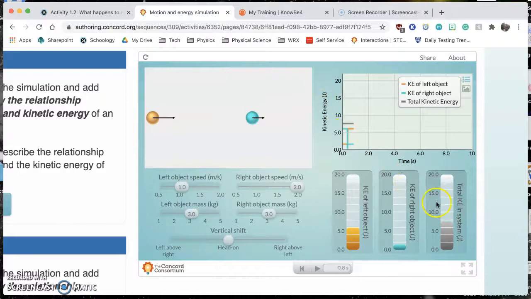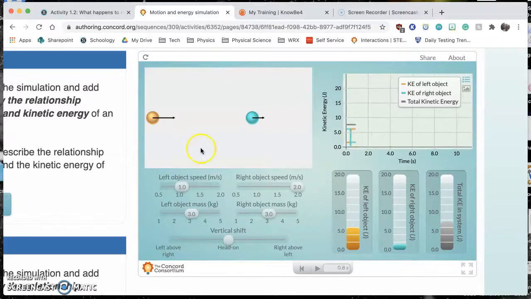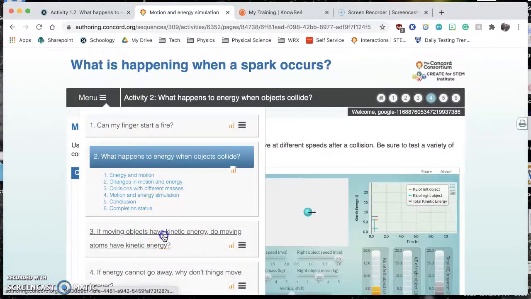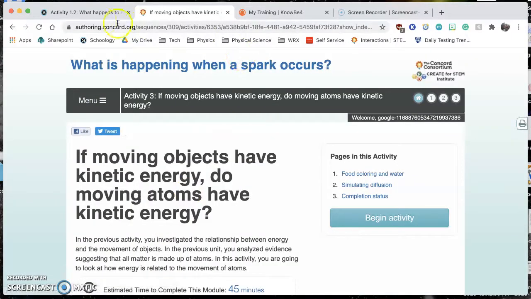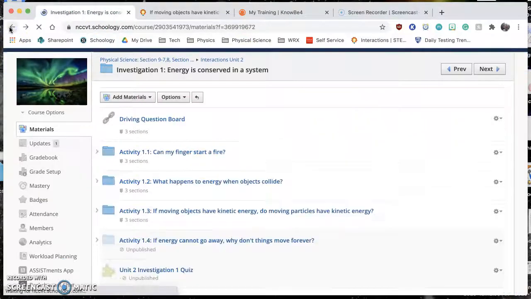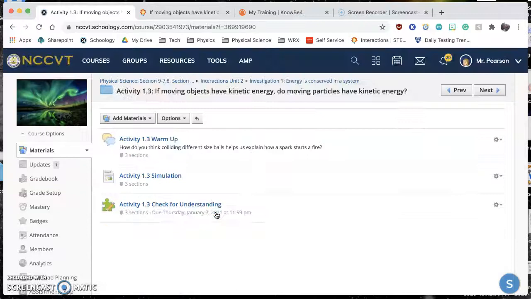Now, the one thing that's missing in this image is this gray figure representing the total. What is it all added up? So that's a little bit on activity 1.2. Remember there is a check for understanding here. Go back. Like I said, I opened up activity 1.3.